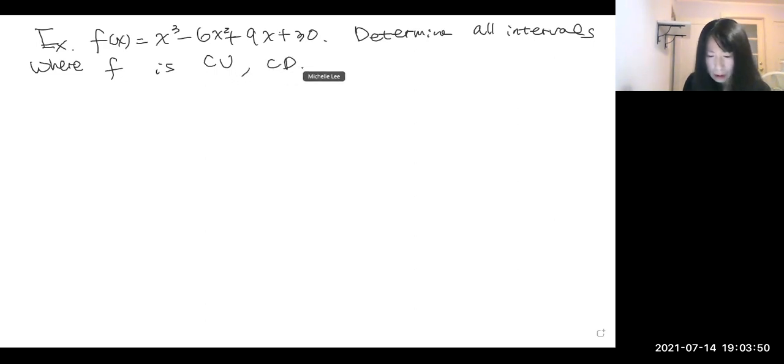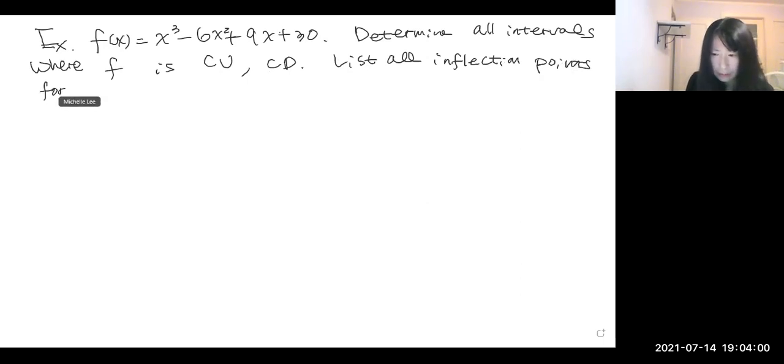List all inflection points for f. So for concavity, if we want to find concave up, then f double prime is greater than 0. Concave down, then f double prime is less than 0, right? So first of all, we're going to find the first derivative, then the second derivative.